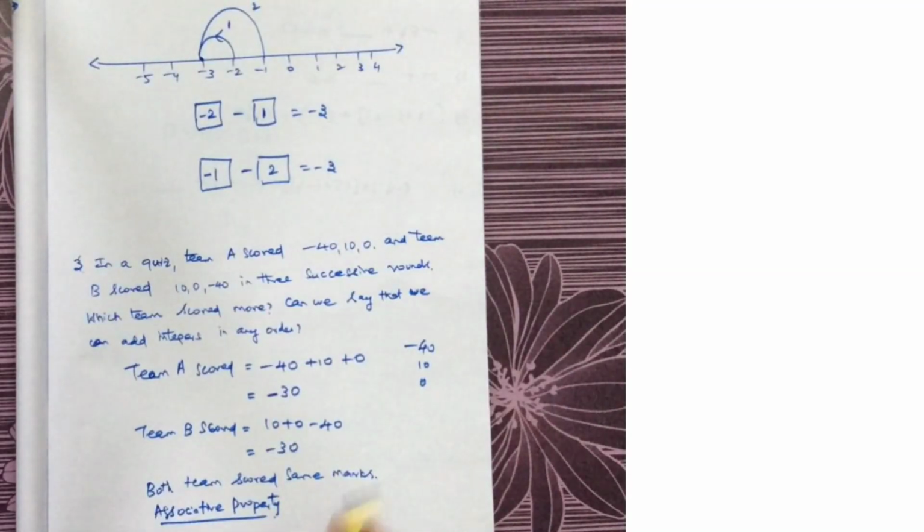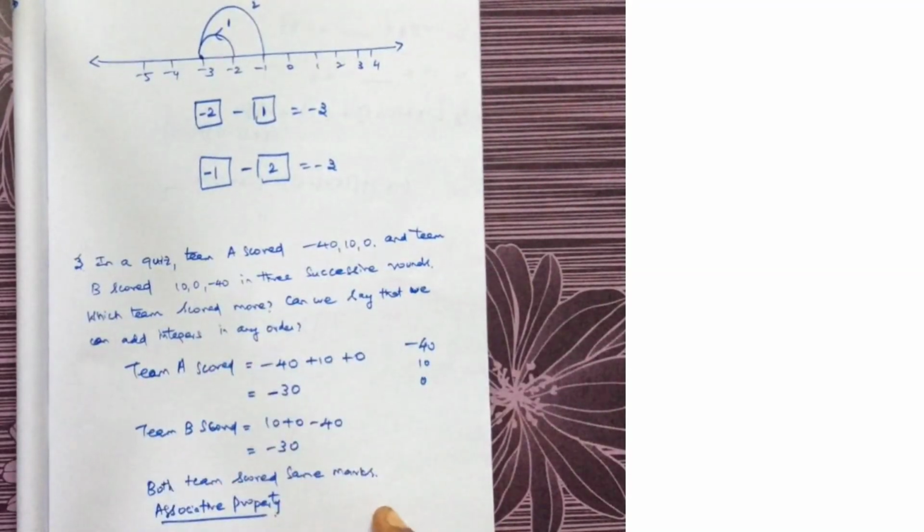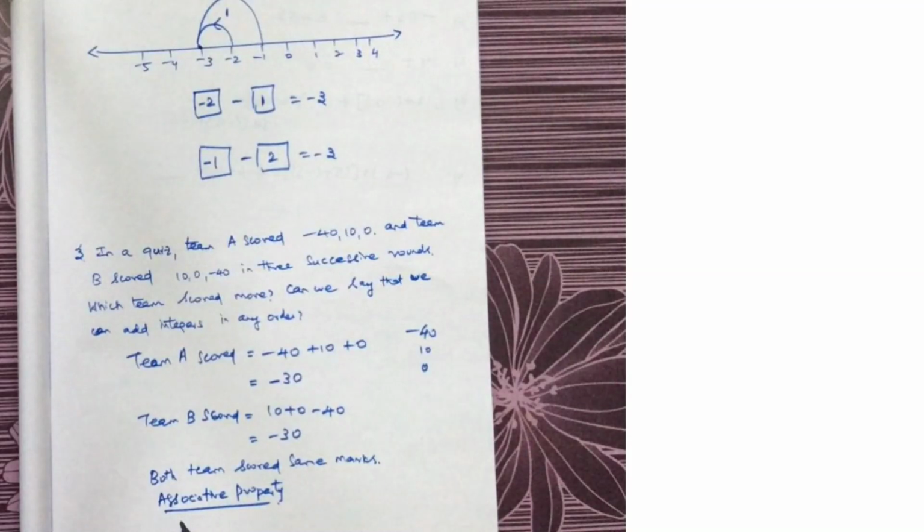Why can we add integers in any order? Because integers follow the associative property. What does it say? A plus B plus C equal to A plus B plus C. So we can add integers in any order.